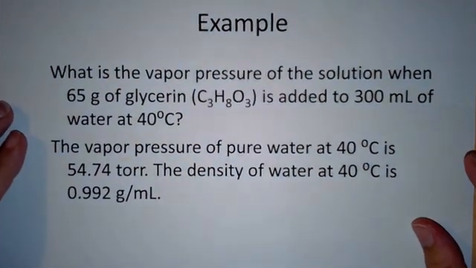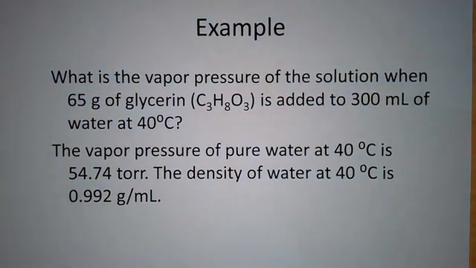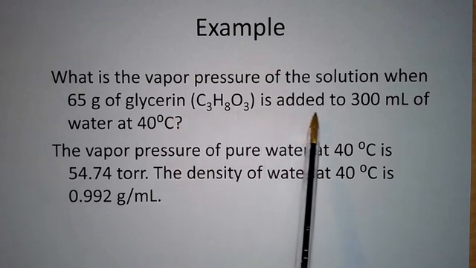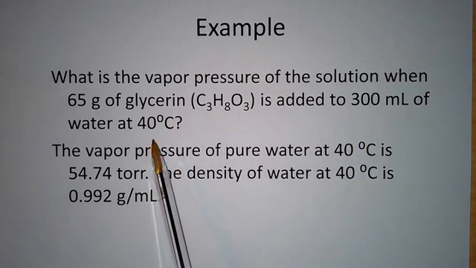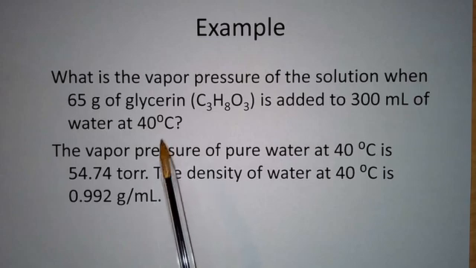So for now, we're going to look at the math associated with vapor pressure. What is the vapor pressure of the solution when 65 grams of glycerin is added to 300 mL of water at 40 degrees? We have our very simple equation.